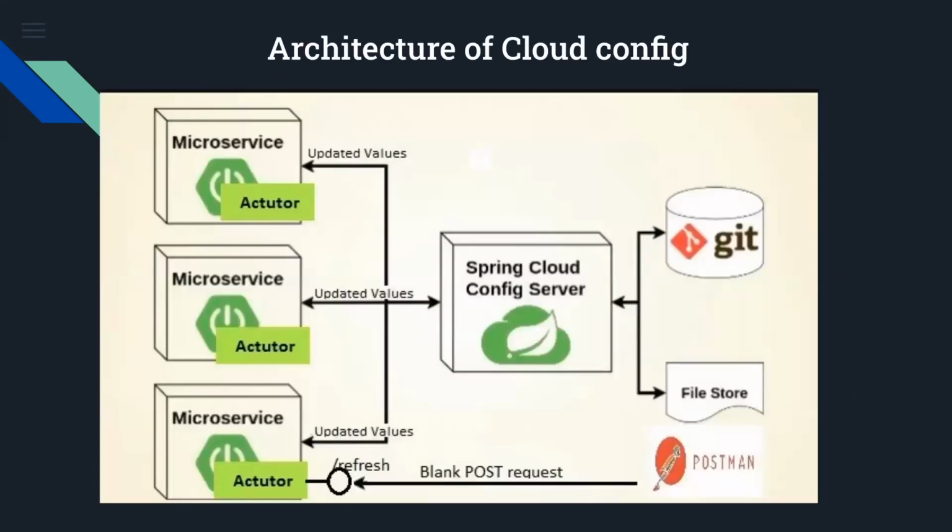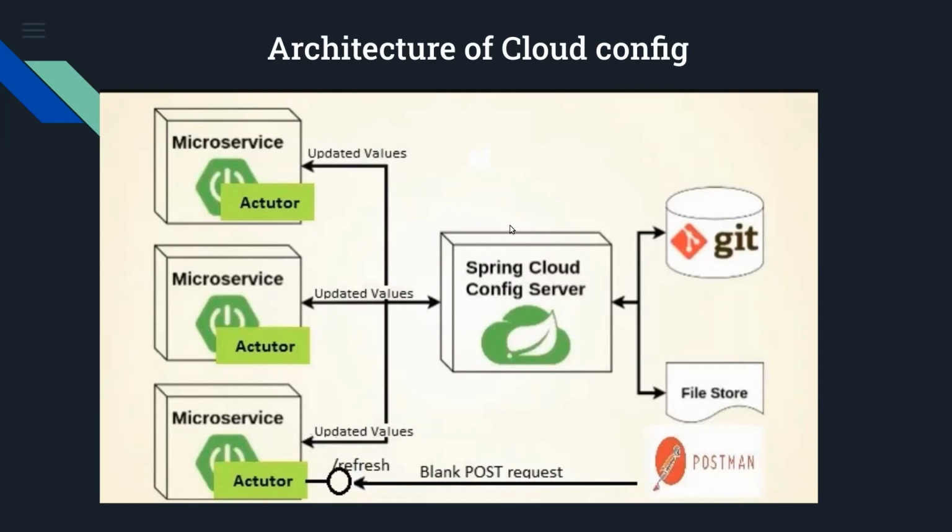So now we'll see the architecture. To solve this problem, Spring Cloud Config was introduced. With it, even with multiple changes in the files, we don't have to worry about redeployment. Basically, if you can see here, this is the server which acts as a mediator between the microservices and the storage.